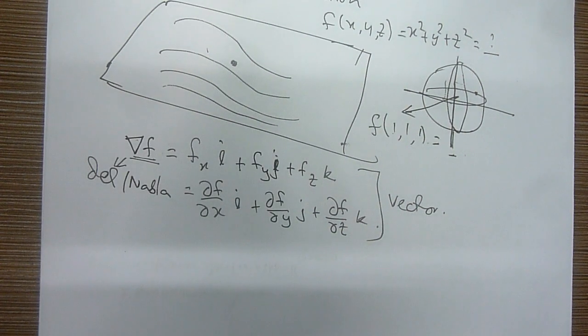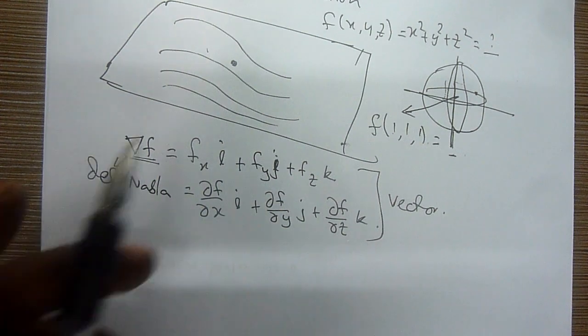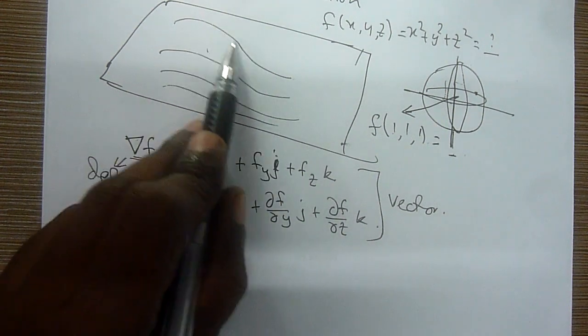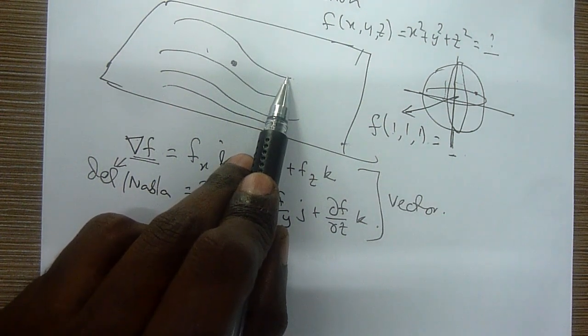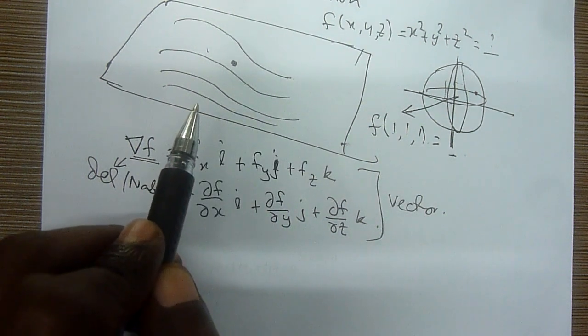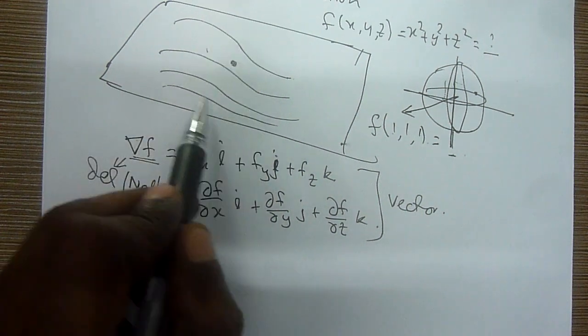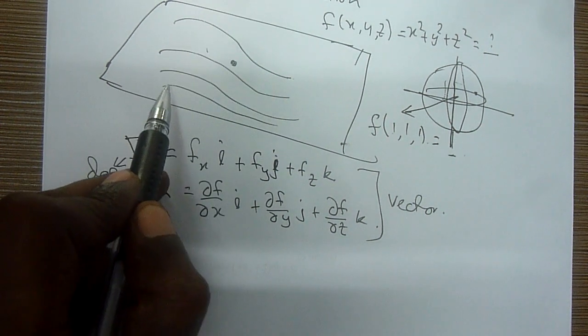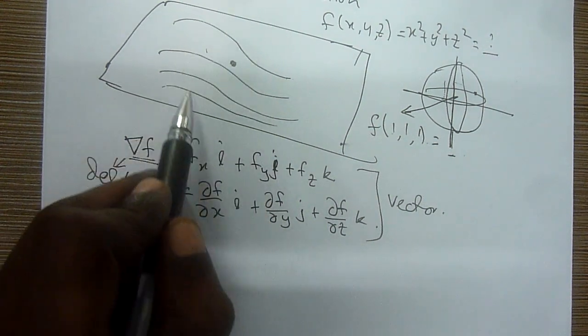But when I start sketching like that, then immediately you know, oh, this is not a smooth surface anyway. There is a curve that exists inside the surface. Therefore, can I monitor the changes in this surface?